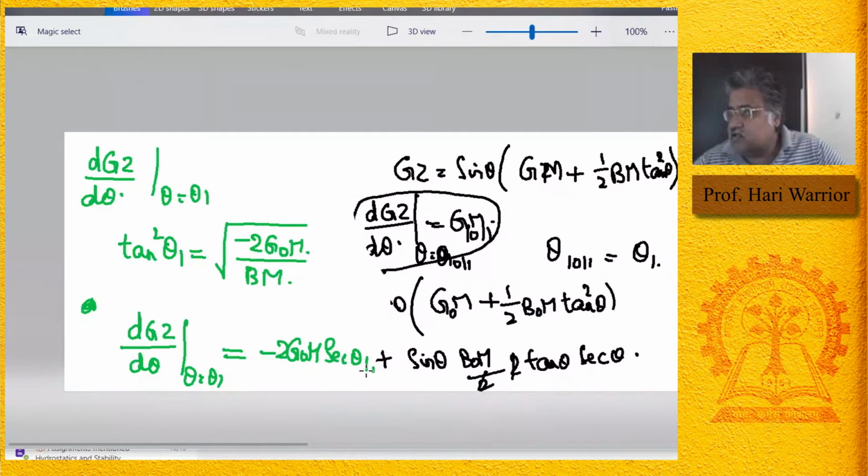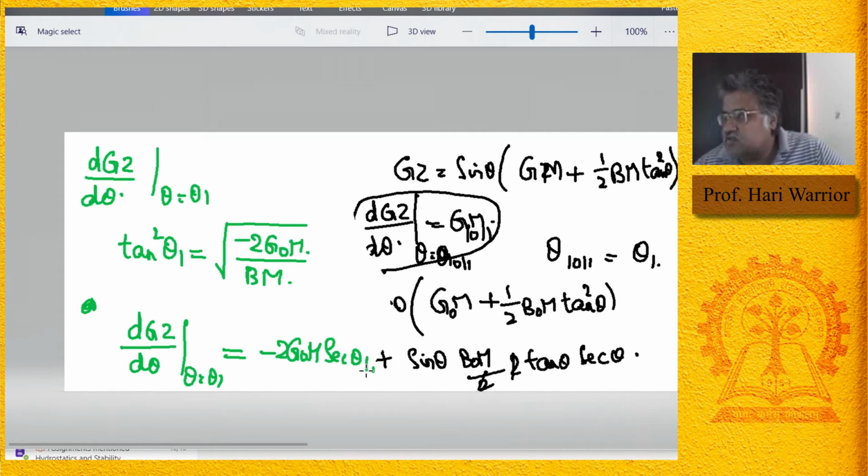It doesn't look like such a big derivation. I think you are going on the wrong track. Yeah, you have to get that sine theta.